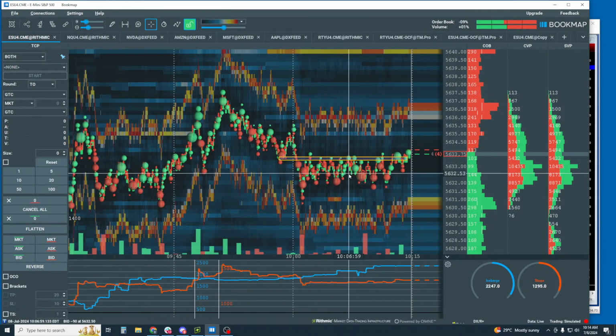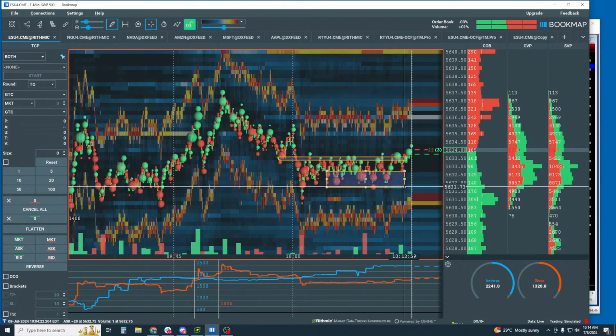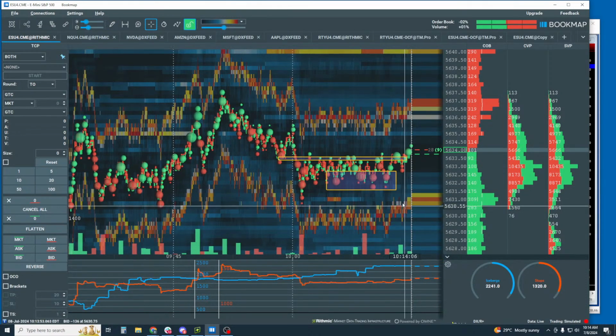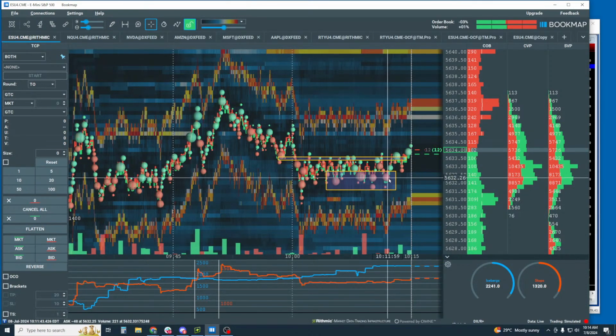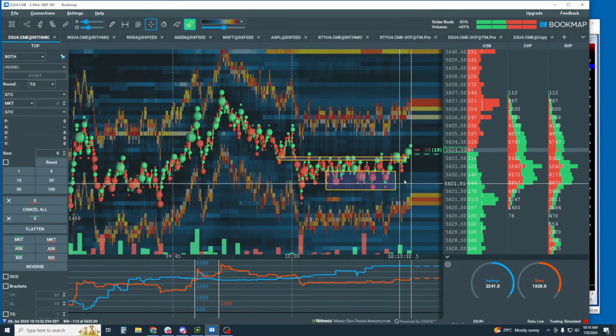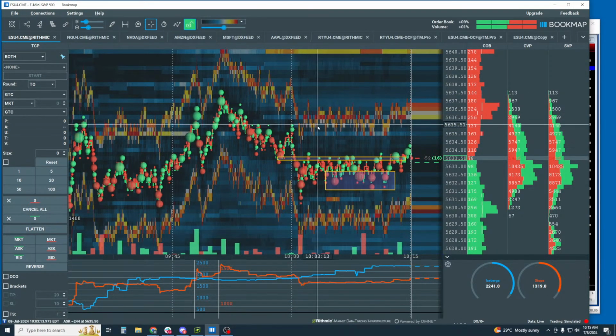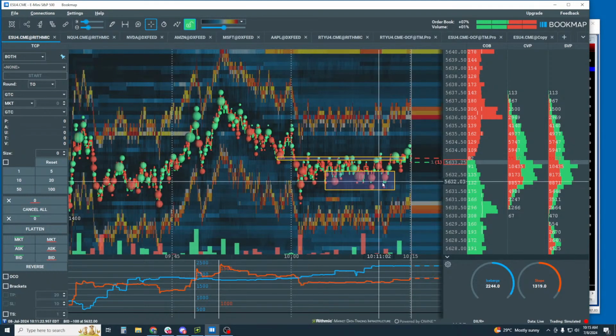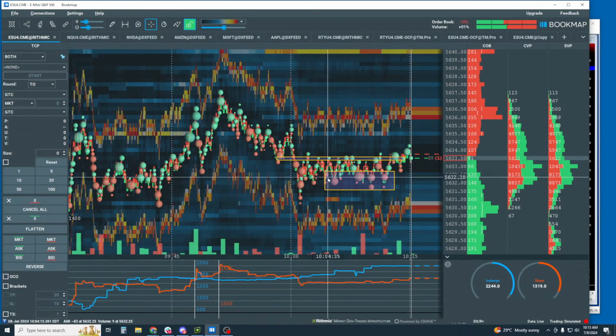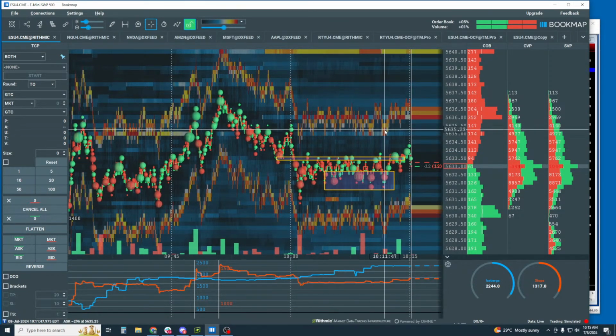And we have a lot of sellers in here that are really going to feel the heat if we can get these buyers in here, and we should get a nice short squeeze to the upside. Okay, but anyway, that's just something we're identifying at the moment here.